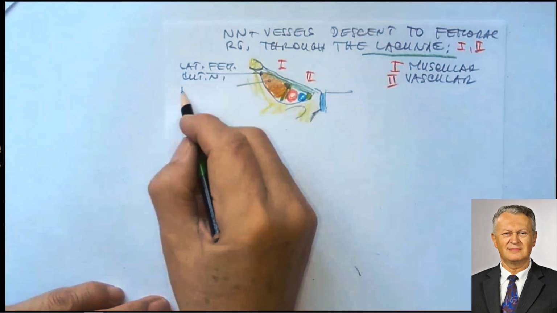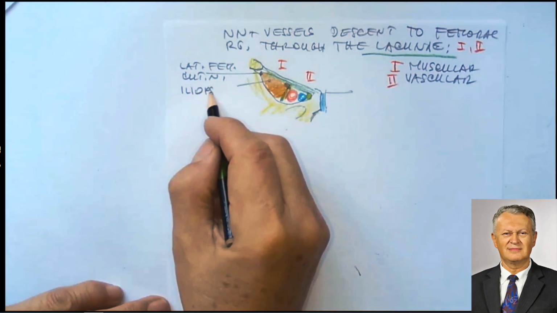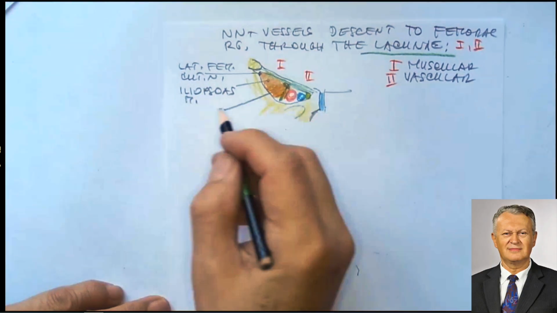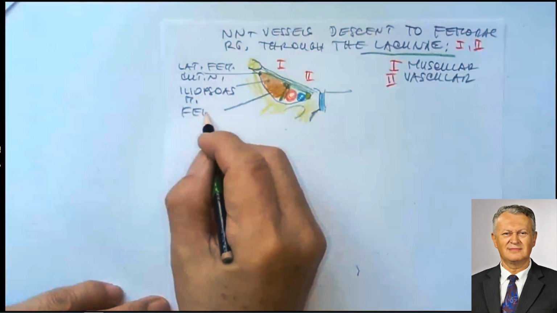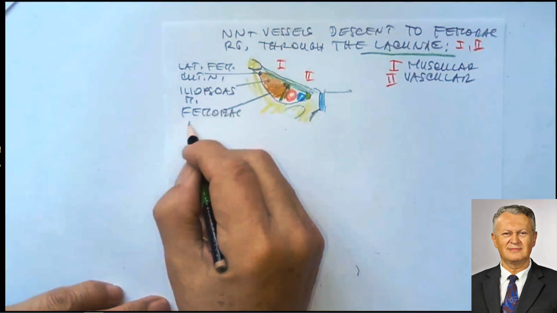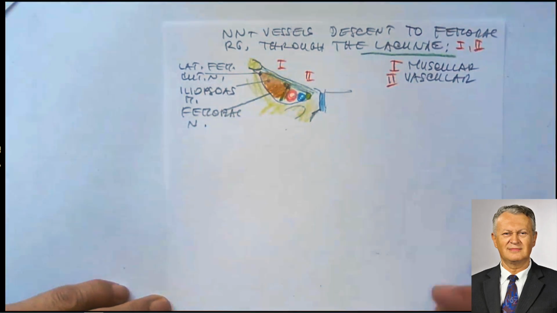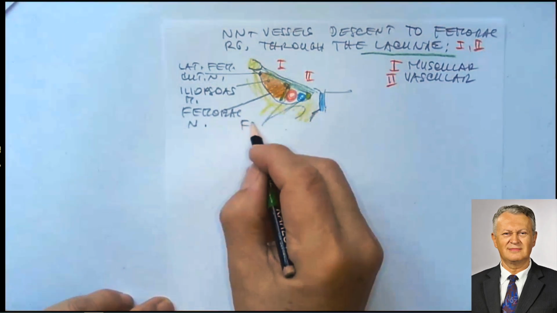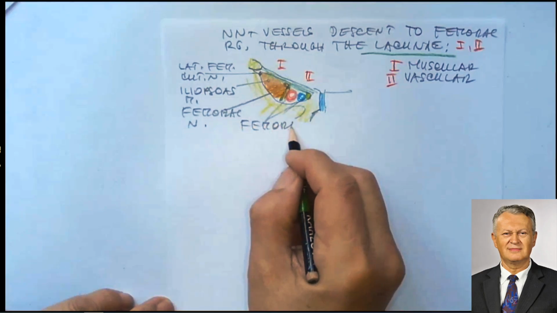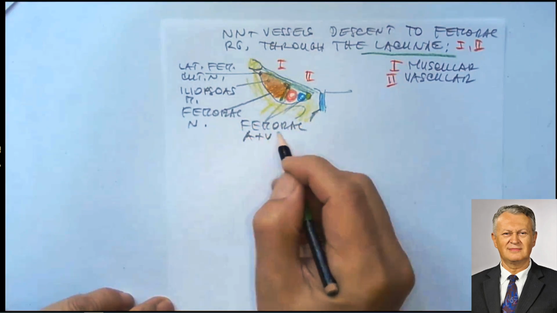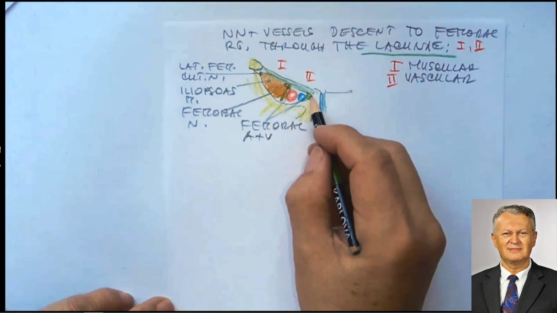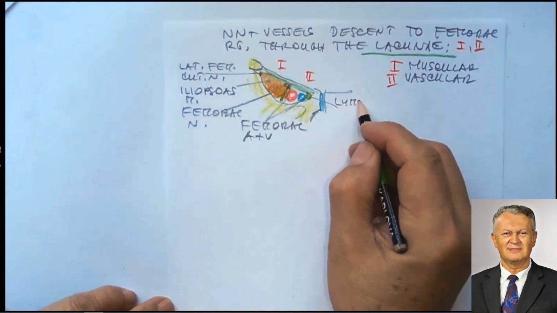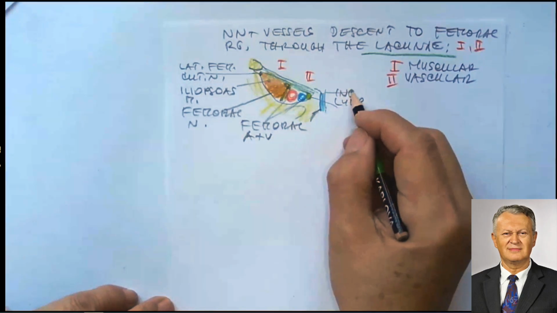Then the muscle is called the iliopsoas muscle, and that thick dot is the femoral nerve. So we see the lacuna musculorum, muscular lacuna, and the vascular one contains the femoral artery plus vein, always lateral, and the most medial structure is the lymph node, inguinal, of course.